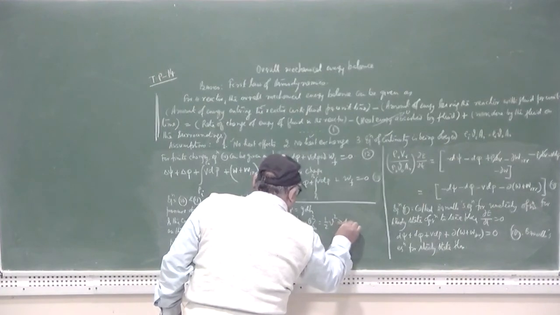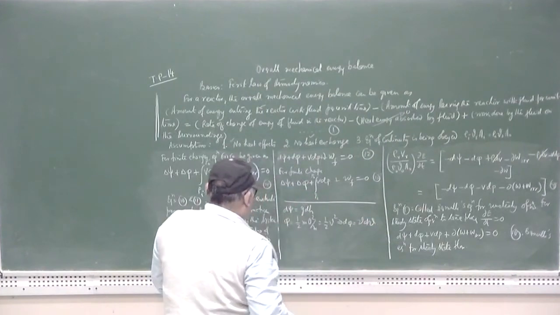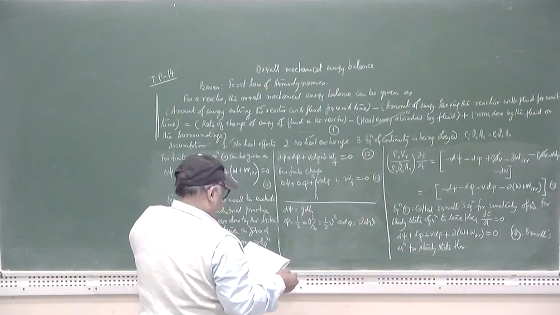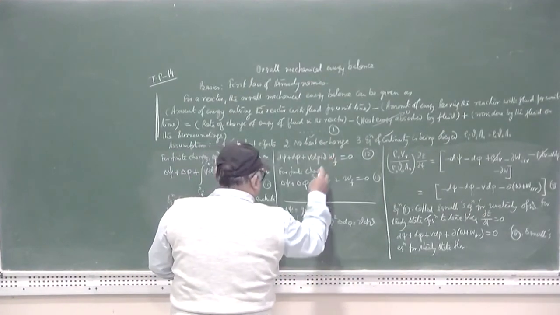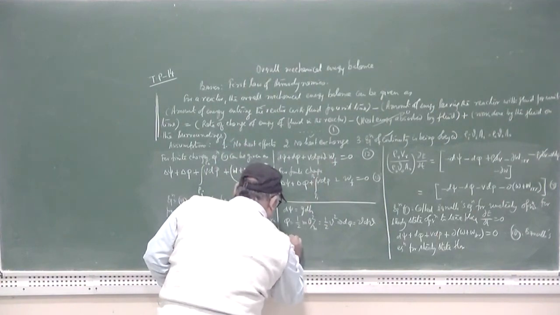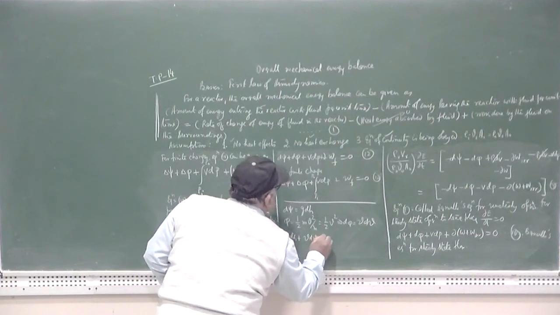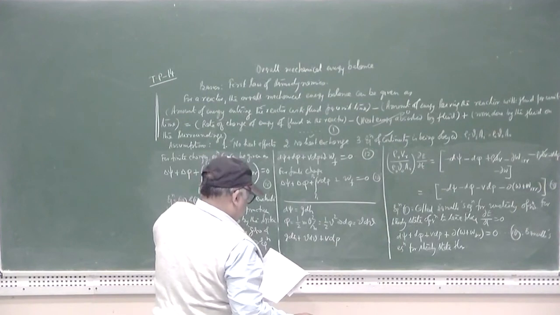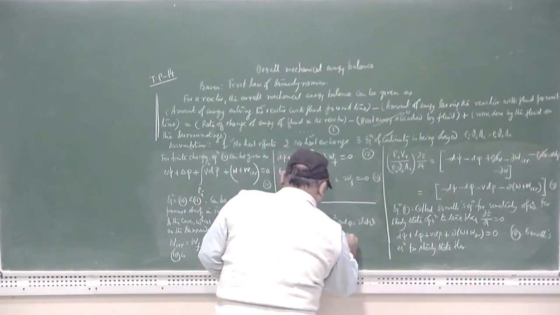So, the quantity d phi is equal to v dv. So, equation number 12 can be written as g dh plus v dv plus v dP plus delta Wf is equal to 0.